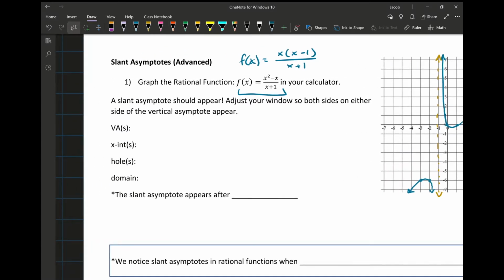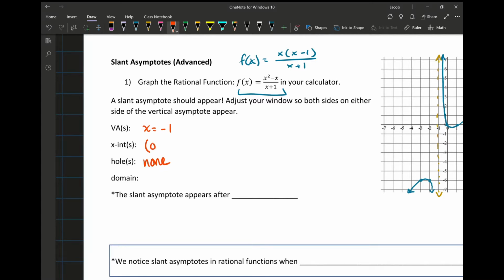Now, the vertical asymptote we've already figured out is at x equals -1 because of the denominator equaling 0 when x is equal to -1, and it doesn't divide out, so it's not a hole. So there are no holes. The x-intercepts are when the numerator is 0.